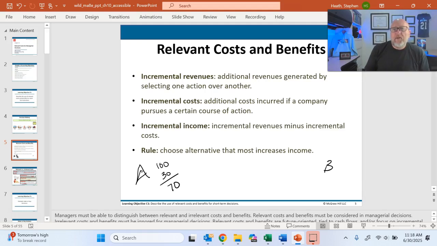I could have situation B where the incremental revenue is 120, the incremental costs are 30, and therefore the incremental income is 90. Okay, so I do nothing and I earn nothing extra, or I can choose alternative A and make $70, or choose alternative B and make $90. And the obvious rule is whichever one is going to increase my income is going to be the one that I decide to go with. And so obviously in this scenario, I'm going to choose scenario B.